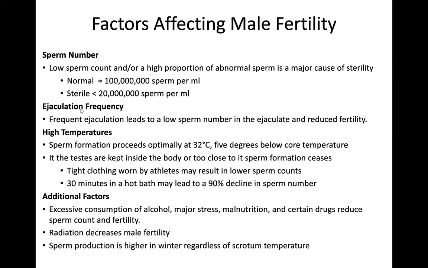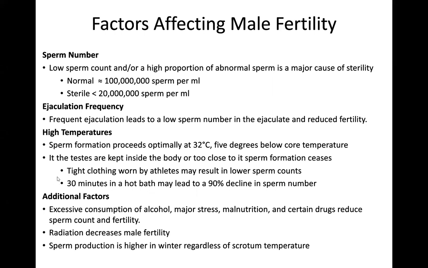Which should make sense. The more times a day a man ejaculates, the fewer and fewer sperm would be in those mils. So if a man and a woman were trying to get pregnant and were having sex multiple times a day, the first couple times are going to have the highest possibility because of the fact that it affects the sperm number.